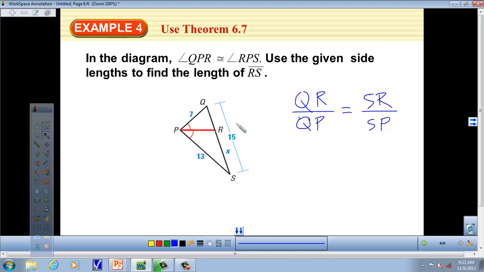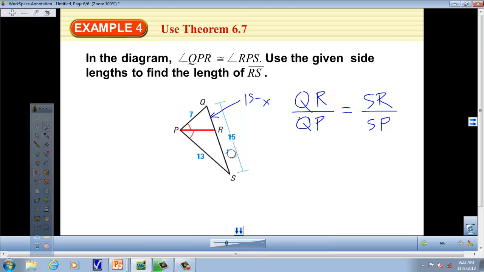Now if you notice, we don't know what QR is. We know the whole thing is 15 and we know this part is X. So how can we represent that length right there? Well, if this is X and this is 15, this is actually 15 minus X. Think of it this way. If this was 8, we'd do 15 minus 8 to get 7 here.